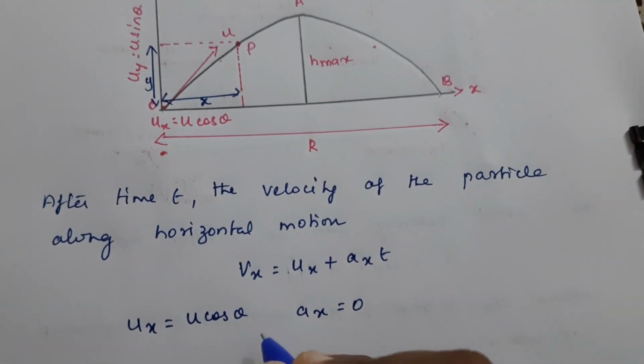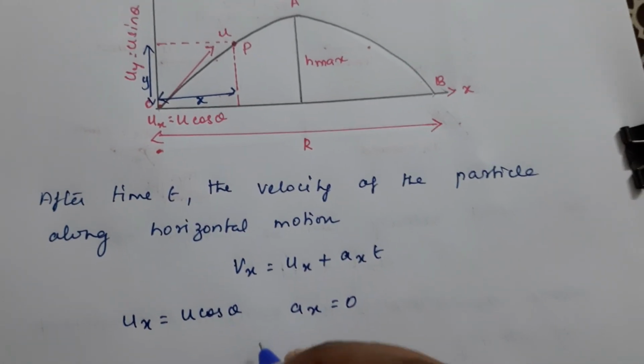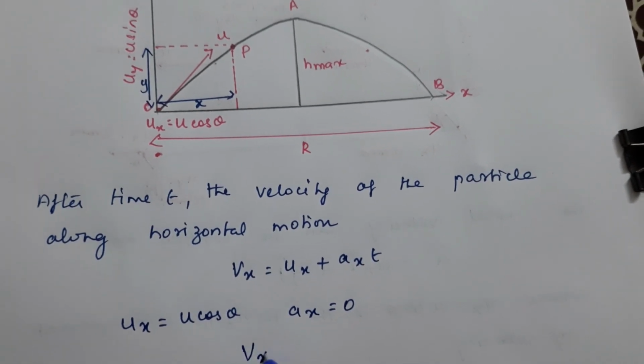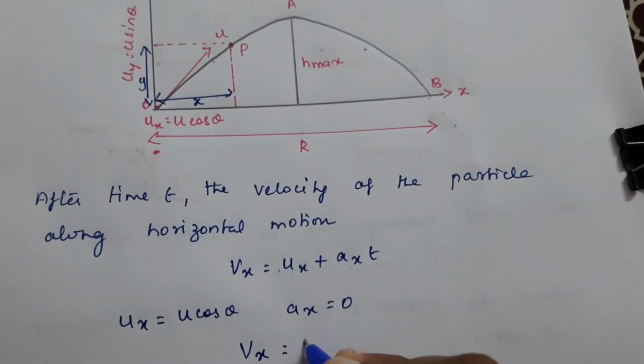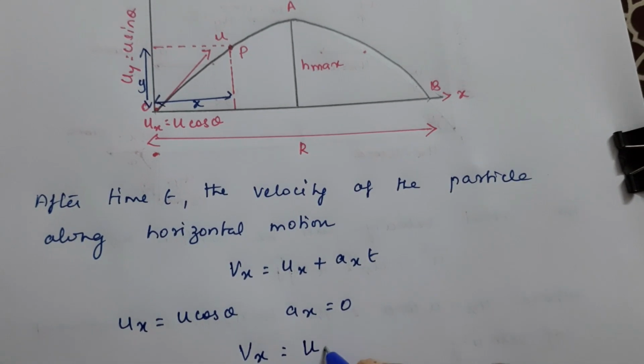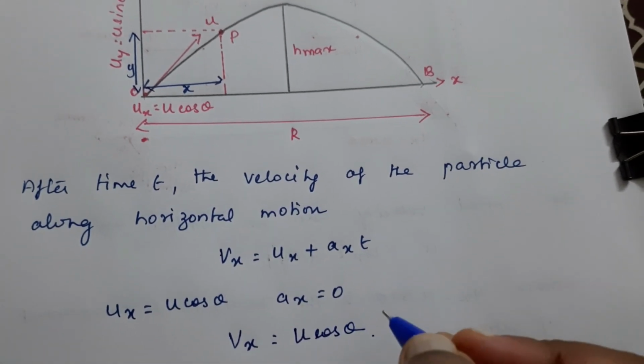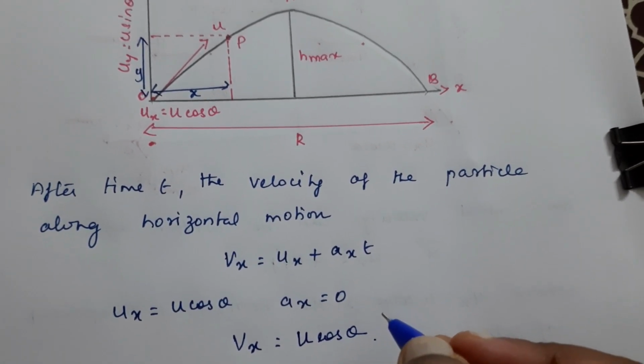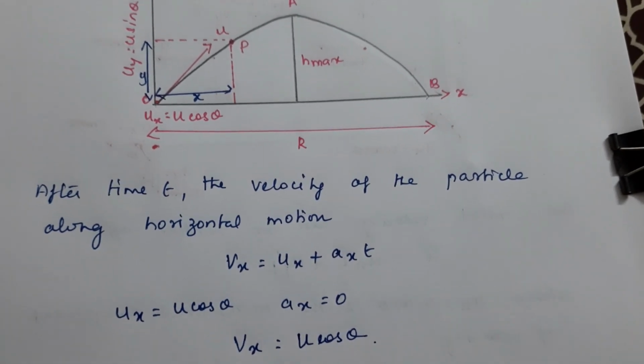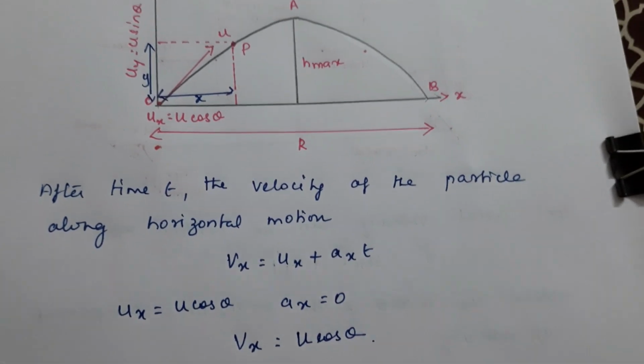Substituting here, we get vx is equal to u cos theta. So this is the horizontal velocity at the point P.